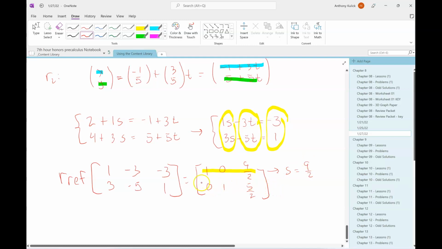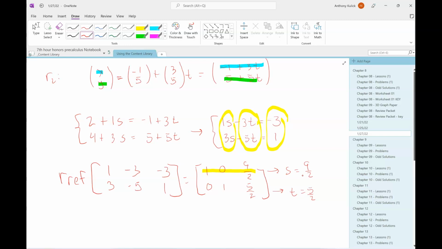Similarly, if I read the second row, that would be 0S plus 1T is equal to 5/2. So just T is 5/2. Everybody's so far so good?